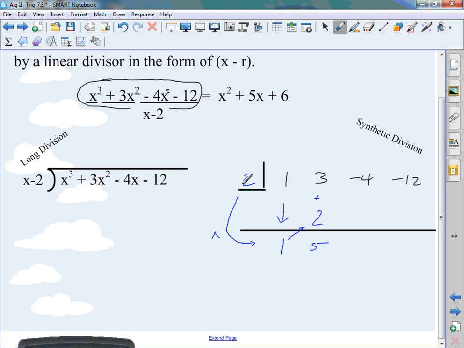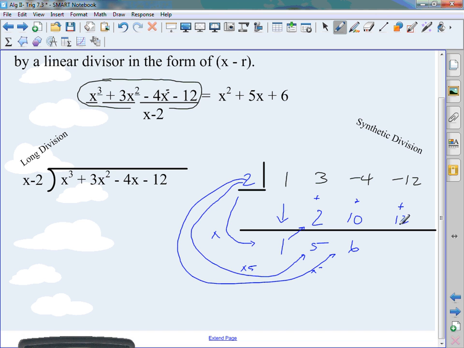Now I'm going to take 2 times 5. 10. What's -4 plus 10? 6. What's 2 times 6? What's -12 and +12?